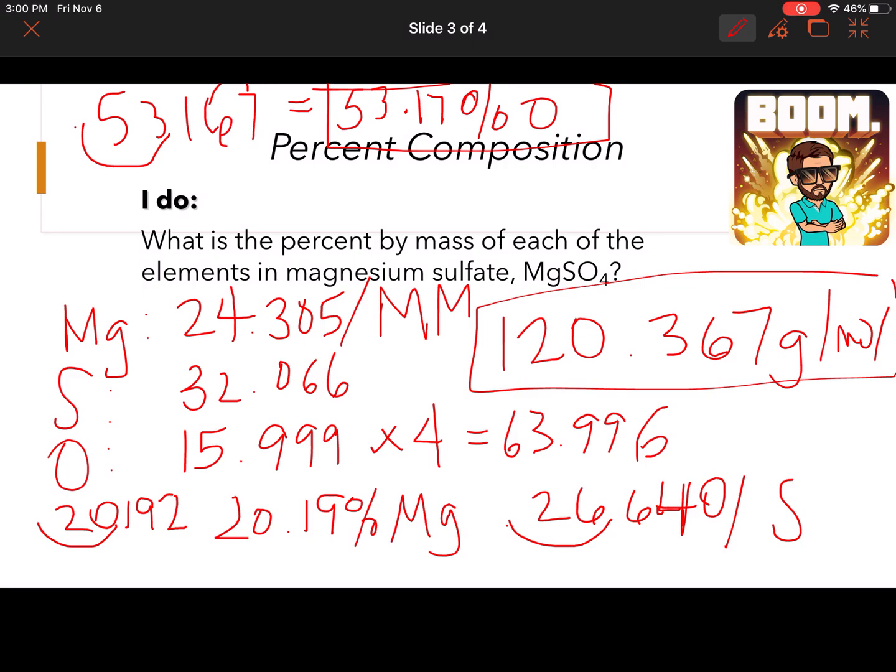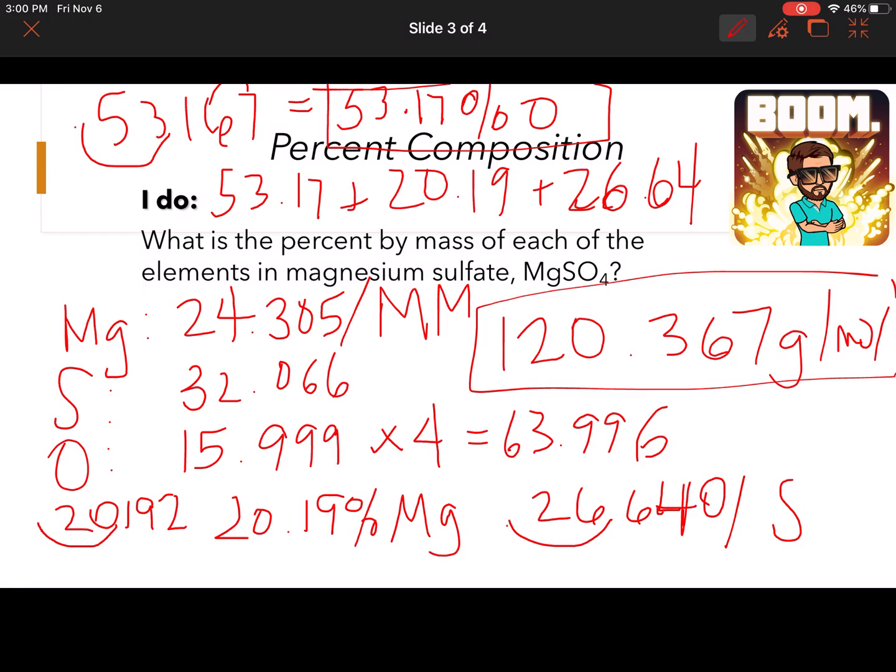Well, this is how I check and make sure I got it right, because sometimes I'm just not so confident in my answer. But I know that the whole of anything is 100%. So I go back and I say, okay, does 53.17 plus 20.19 plus 26.64 equal 100, or super, super close to it?